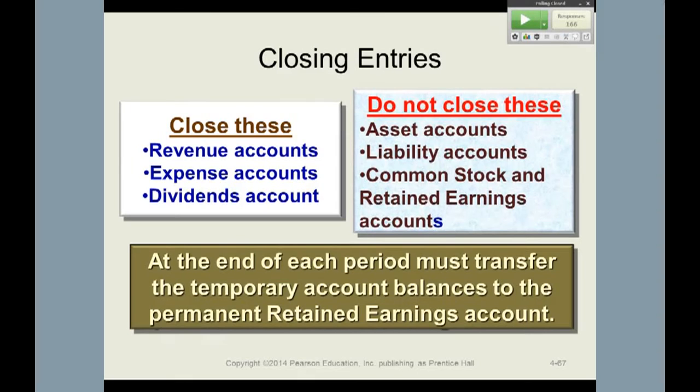Now, of course, these accounts, I'll just double underline them. This account is now zero, and that account is zero. So now you're ready to start accumulating revenues and expenses for next year or next period. So now as soon as I have a sale next year, if I have a $5 revenue next year, I could credit the revenue account.